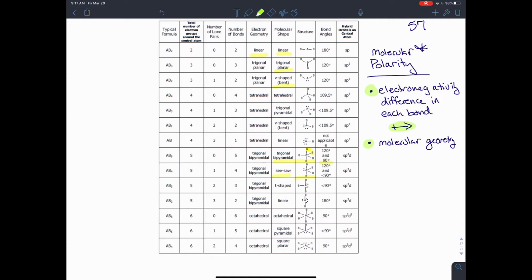And now we'll be able to see when two bonds really do cancel one another out, or when their pulls accumulate to a net polar end of the molecule itself. So that's kind of our hope.